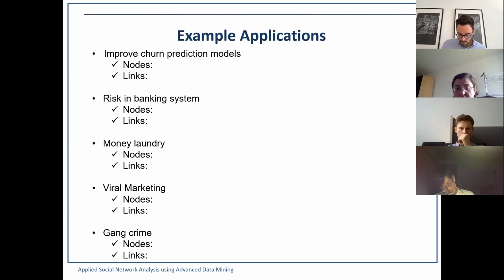I'm going to present a case during this week where we can understand the behavior of suspects in a social network. Everybody of us belongs to a social network. If we analyze the social network of suspects, we can try to pinpoint those suspects that are more likely to commit a certain type of crime. So that's another application in gang crime, where I'm going to share a project with you during this week.